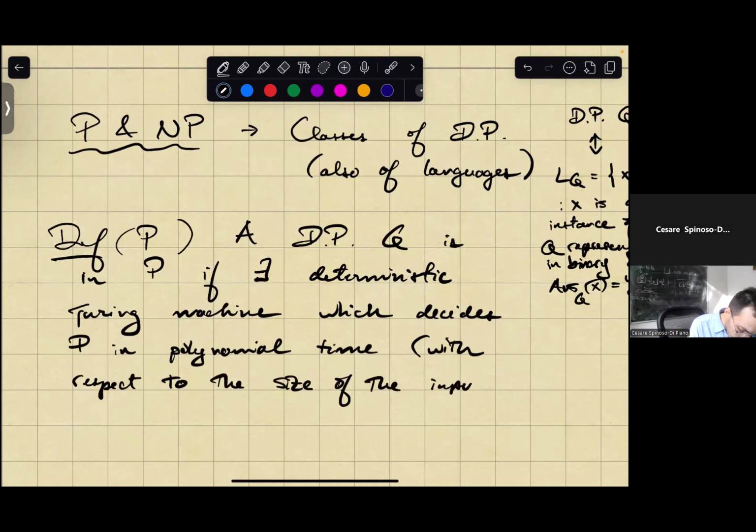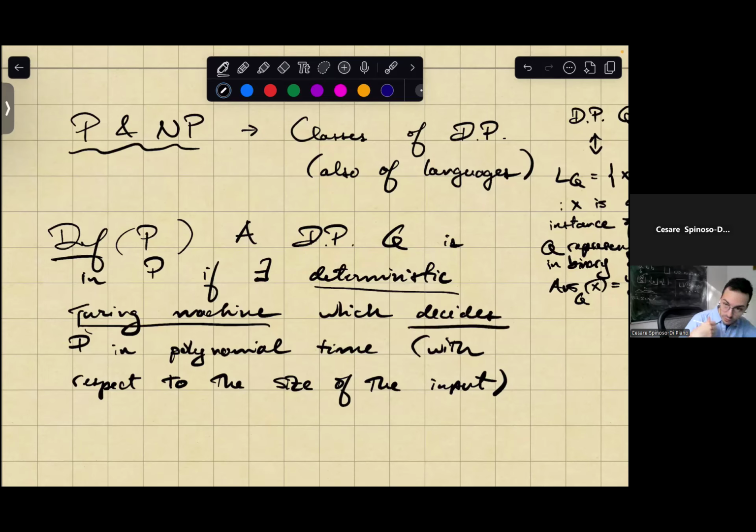Okay, so there's three very important key terms here. The first one is deterministic Turing machine, right? Something that we've already talked about in previous videos. The notion of deciding, something we've also talked about in the context of languages, but this transfers over to decision problems. Sorry, I'm just realizing which decides, so this should say Q, right? Q in polynomial time, and that's the third key word, right?